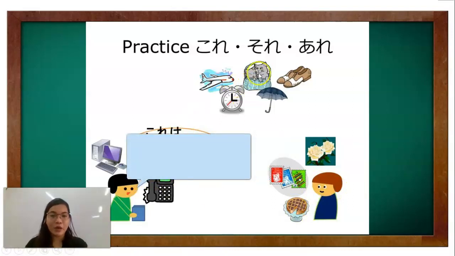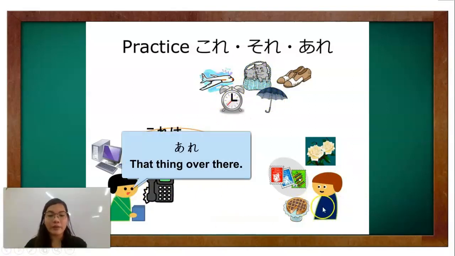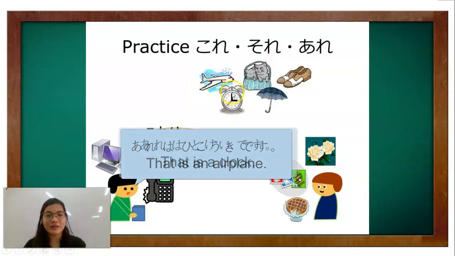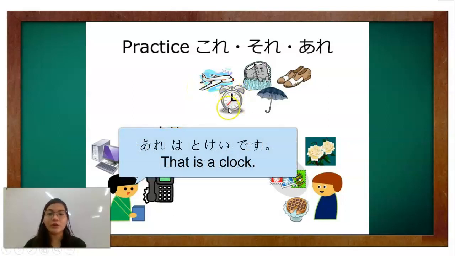How about those that are far away from both of them? You just use are. First is the airplane: are wa hikoki desu. Next, the clock: are wa tokei desu.